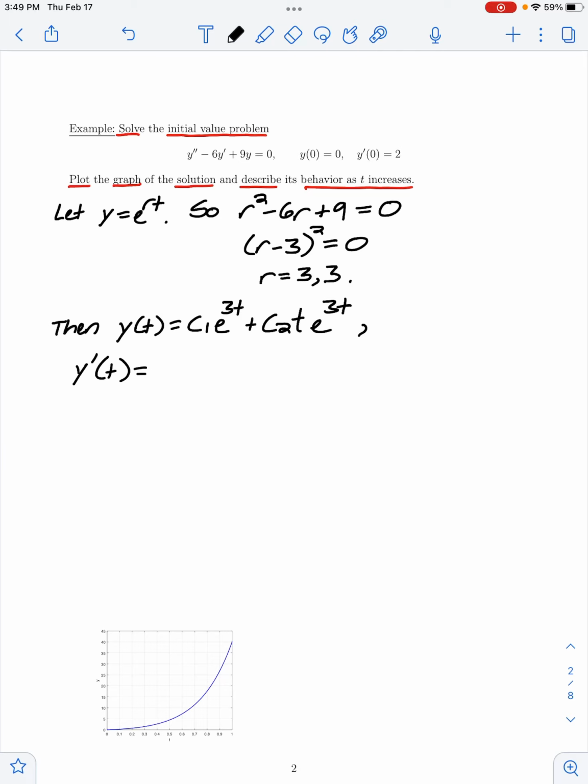So differentiating the first term using the chain rule, we have 3c1 e to the 3t, plus for the second term, we have our constant c2, and using the product and chain rules, we would have a derivative of 3t e to the 3t power plus 1 times e to the 3t power.